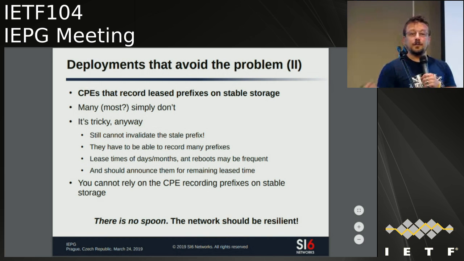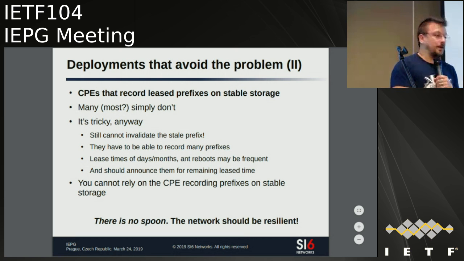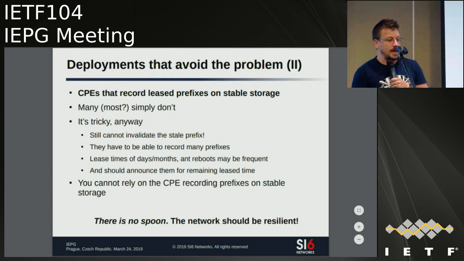And if you learn a different prefix, what you might do is advertise the old prefix with a preferred lifetime and valid lifetime of 0. Kind of like you advertise the new prefix with the normal lifetimes, and at the same time you advertise the stale prefix with 0 lifetime, so you can somehow disable or deprecate the prefix.